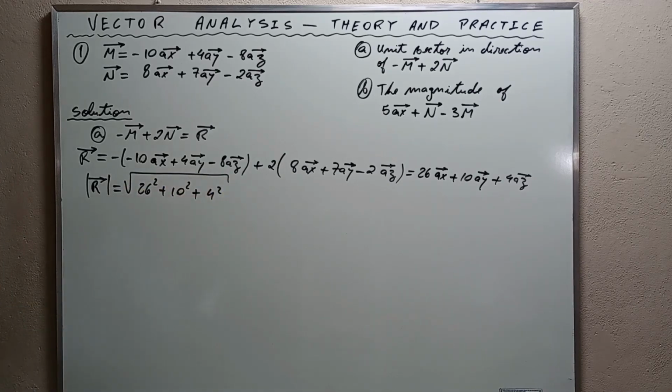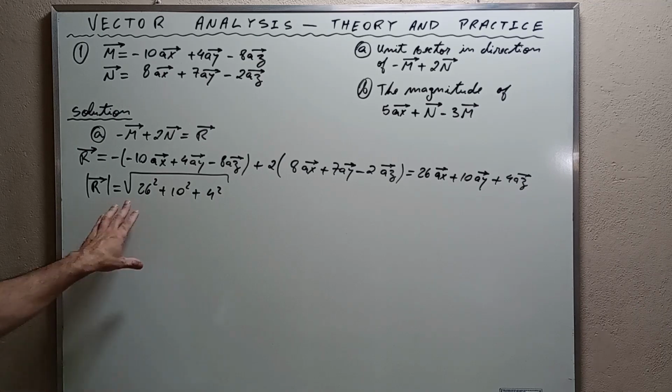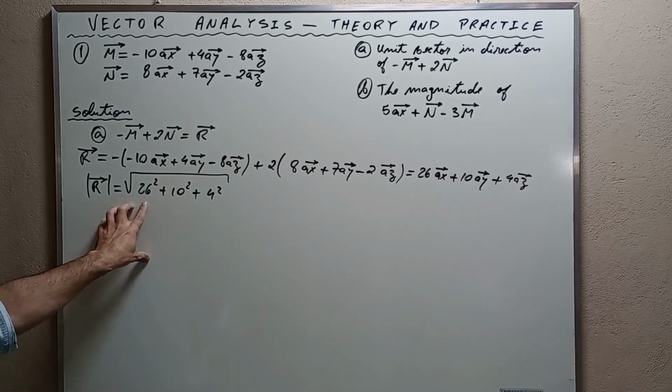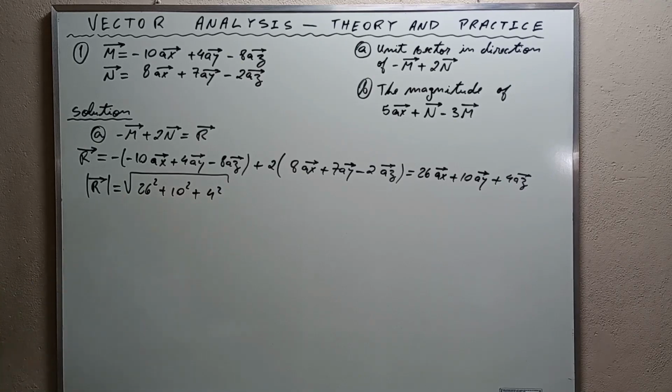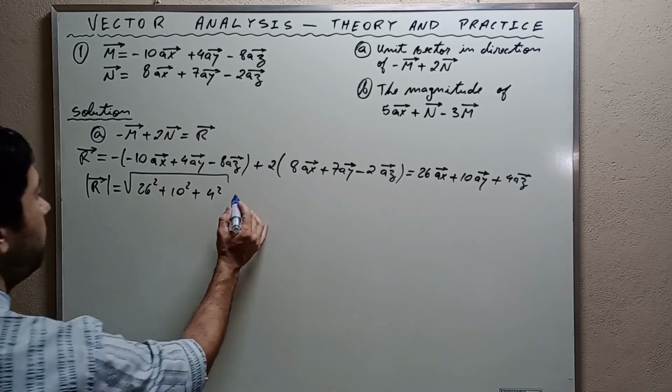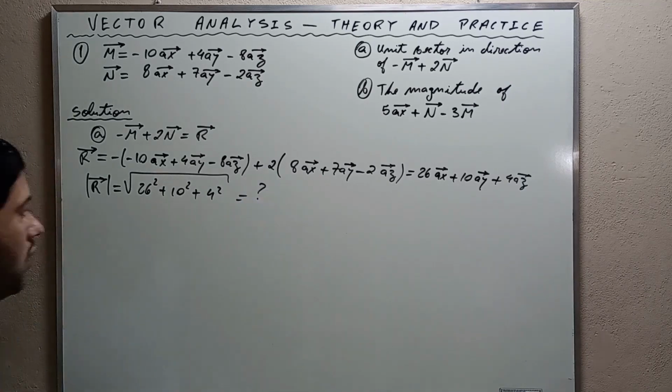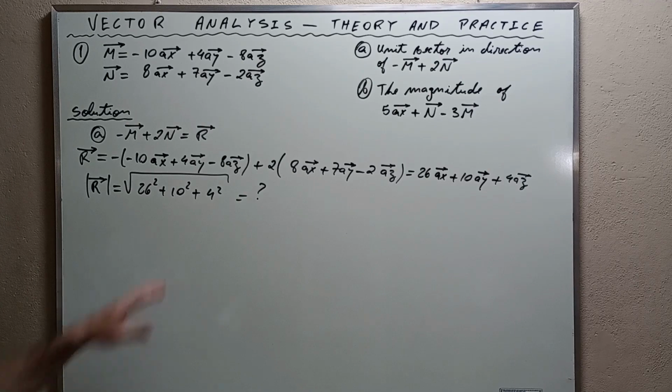Okay, the magnitude of a vector is the square root of the sum of the squares of its components. And now I'm going to leave it for you to do at home, okay? It is extremely simple. I'm going to let you do it.